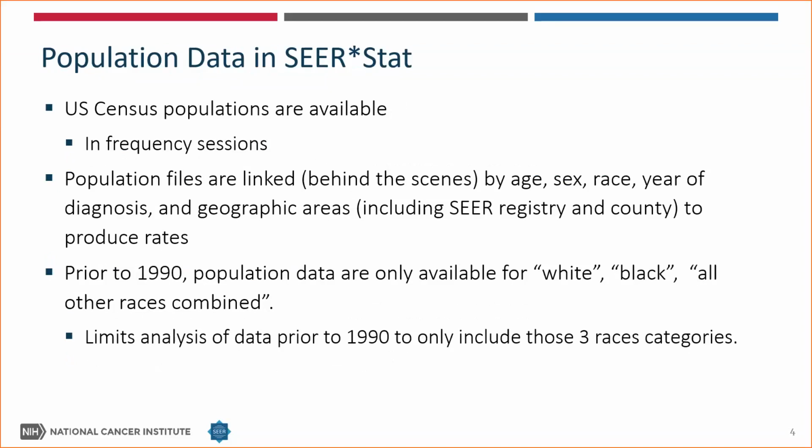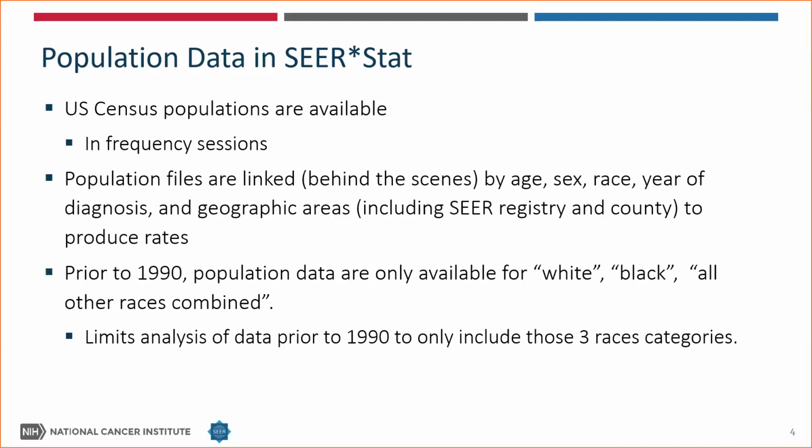When we're doing that linking behind the scenes, we're linking the populations by age, sex, race, year of diagnosis, and geography. Those are the people at risk. When you're producing a SEER incidence rate, you need census populations for people at risk of getting cancer in those areas. And because these are census populations, we have to consider what's available.